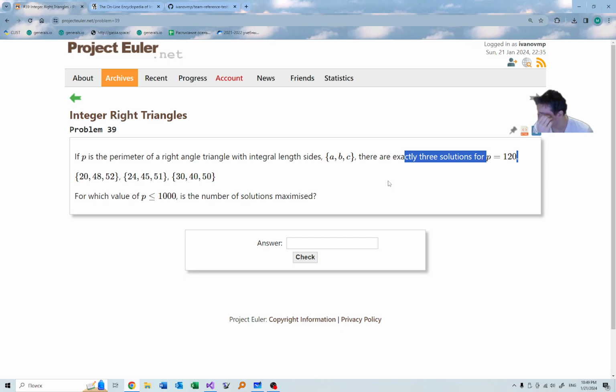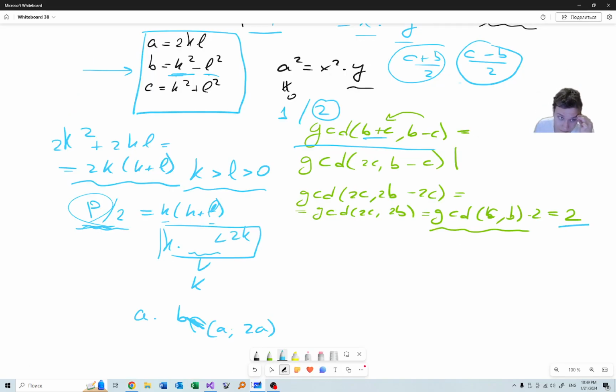Hmm. Now I don't have an idea why it doesn't work. Why doesn't it work? A is greater than L and L is greater than 0.